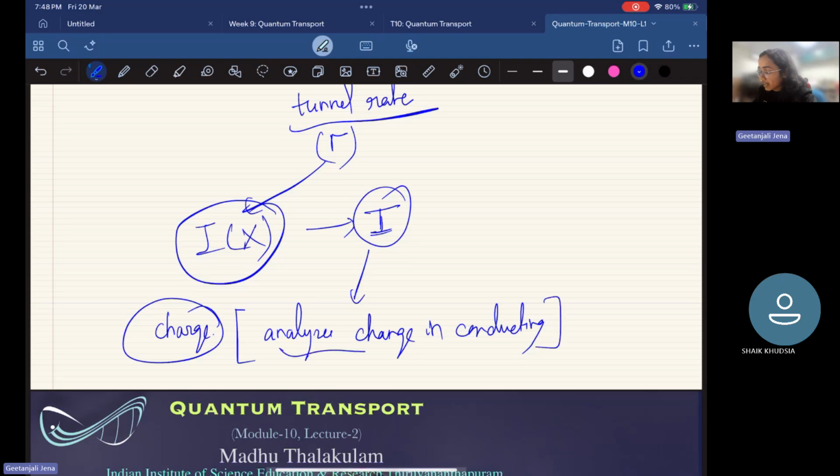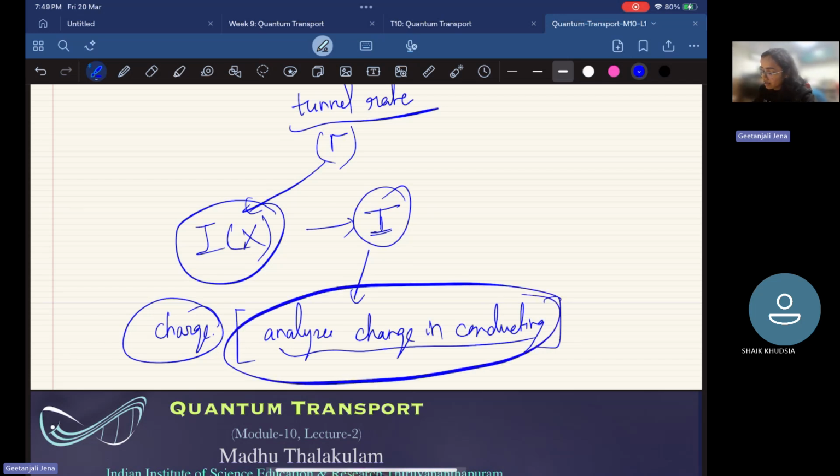If you analyze this region where the conductivity is changing in an arbitrary manner, then it's still possible to measure it, and it can be used to see the number of carriers there. So instead of using current as a sensor, we use the charge as a sensor.